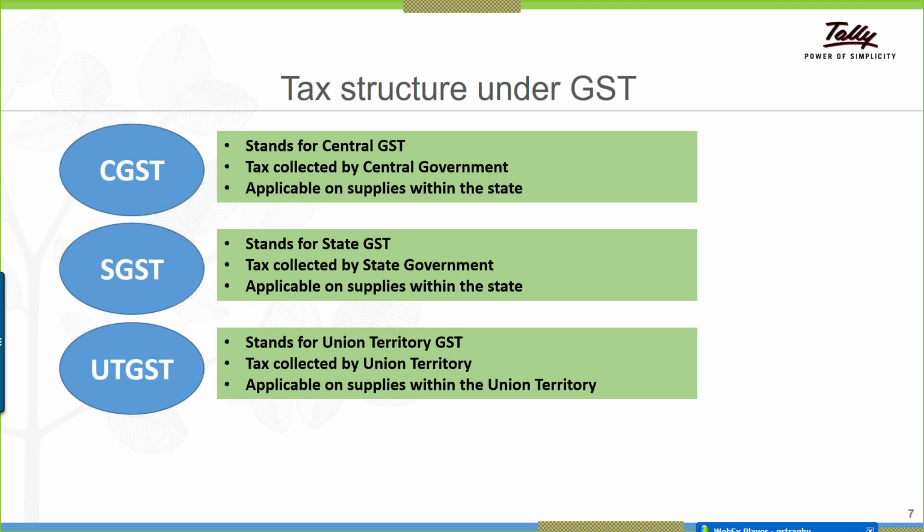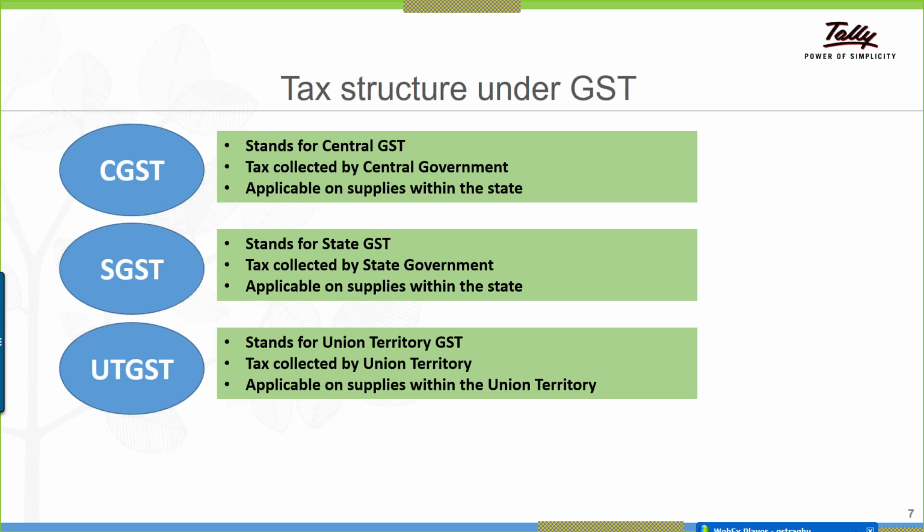As you know, in India we have identified 7 Union Territories: Andaman Nicobar, Chandigarh, Dadra and Nagar Haveli, Daman and Diu, Delhi, Lakshadweep, and Puducherry. Out of these, Delhi and Puducherry can charge SGST instead of UTGST.